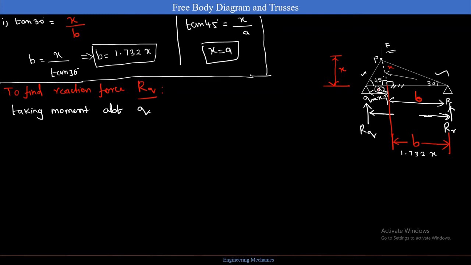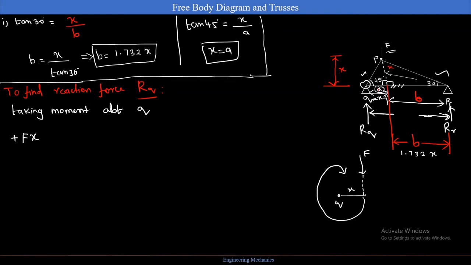If I take moment about Q, this is my Q, and after some distance, that is x distance, I have my force F acting here, and it is in the clockwise direction. Clockwise direction is positive, right? So I am taking F into x, that is positive.